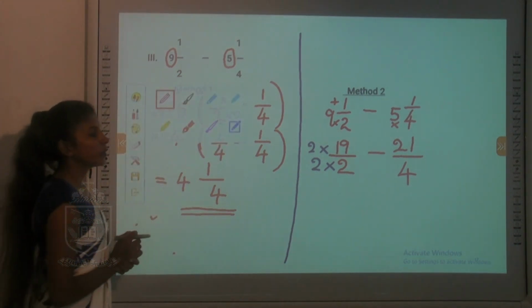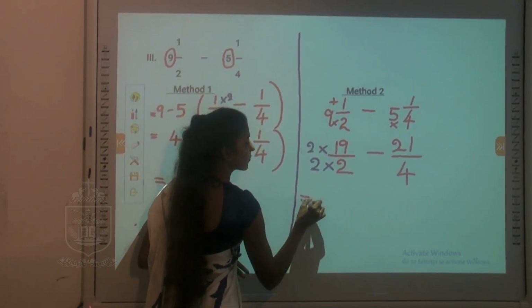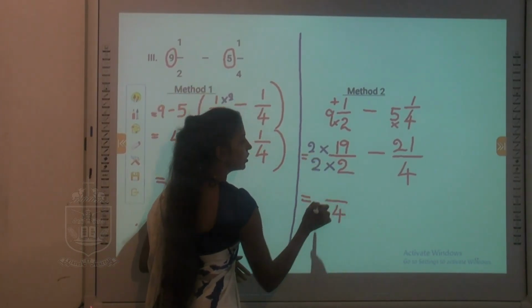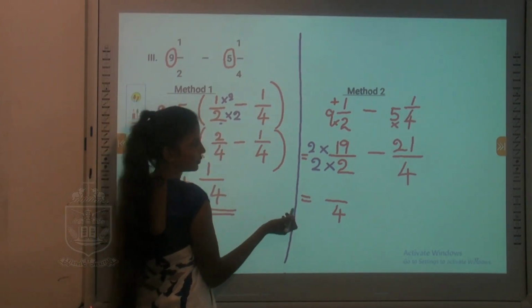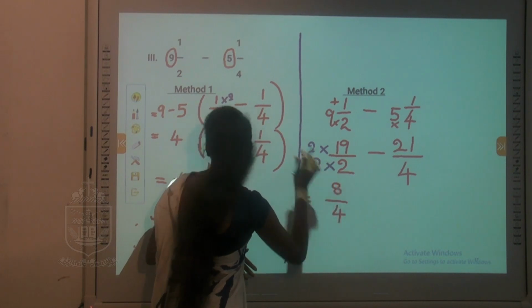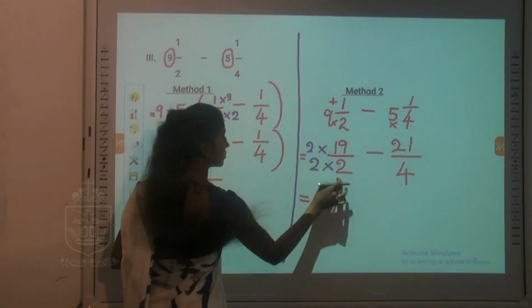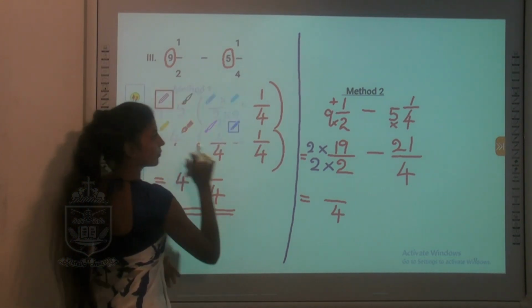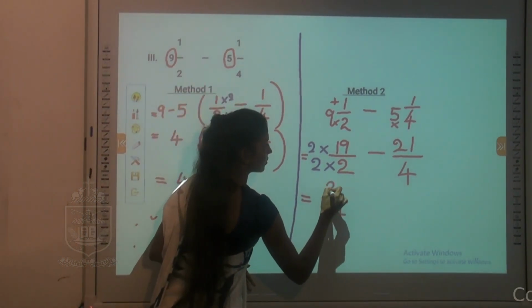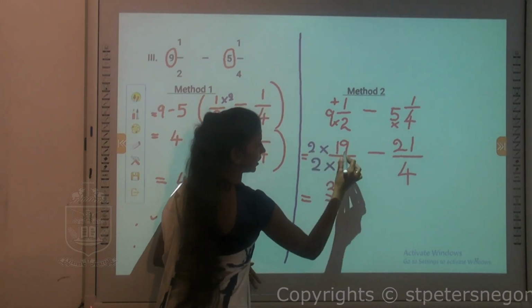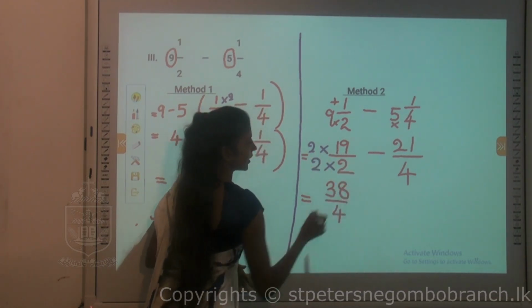Right. So once we multiply, 2 times 2 answer is 4 and 19 times 2 answer is, 2 times 9, 18, 1 remaining, and 38.